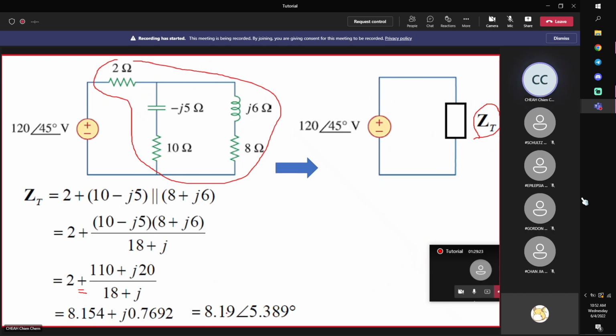You can convert it into polar form. Square of this plus square of this, square root gives you 8.19. Arctangent of imaginary part over real part gives you 5.389 degrees. So we have a load with this equivalent value.